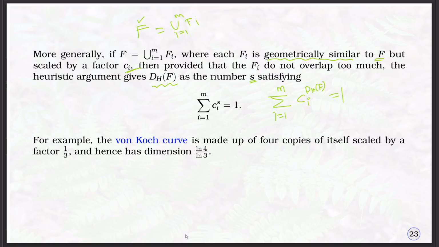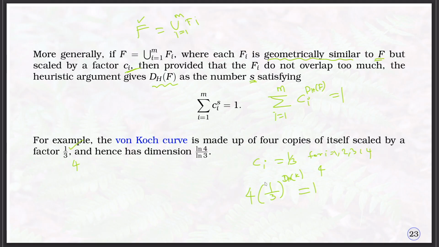For example, the Von Koch curve is made up of 4 copies of itself scaled by the factor 1/3. So here Ci is 1/3 for all i equal to 1, 2, 3, 4, and we have 4 copies. Therefore, the Hausdorff dimension satisfies 4 times (1/3) to the power dimH of the Von Koch curve K equal to 1.